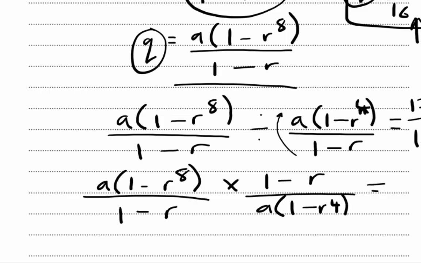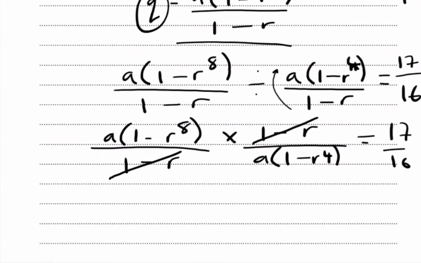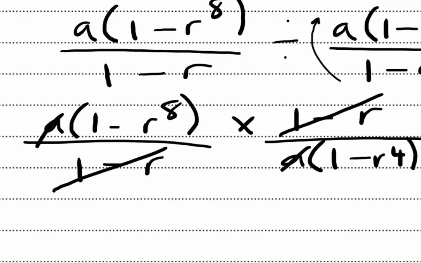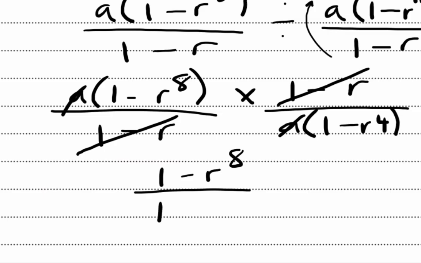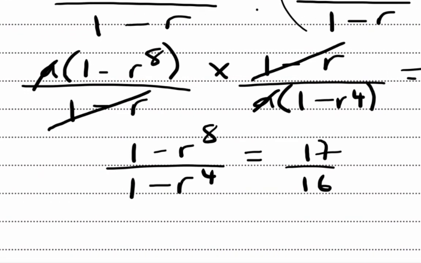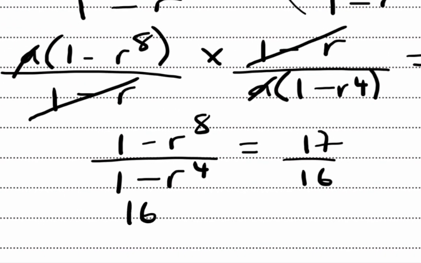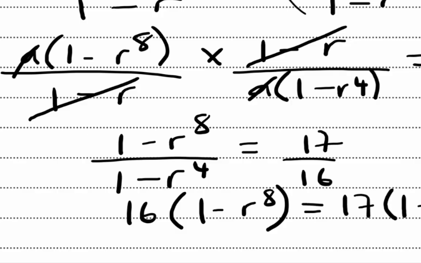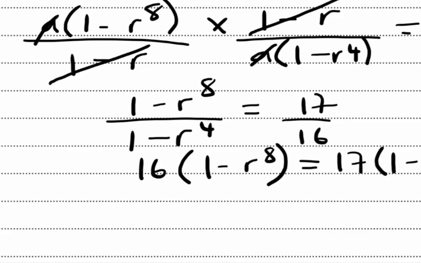4 like that, and this should give us 17 over 16. 1 minus R cancels out with 1 minus R, and A with this A, so 1 minus R to the power 8 over 1 minus R to the power 4 is 17 over 16. Now this makes more sense. Cross multiplying, 16 times 1 minus R to the power 8 is equal to 17 times 1 minus R to the power 4.